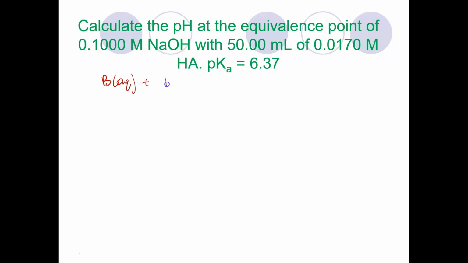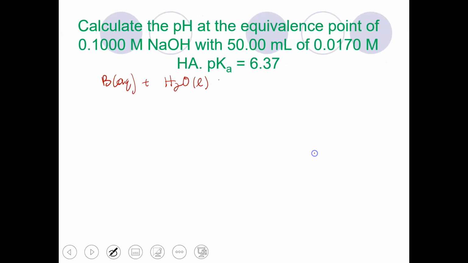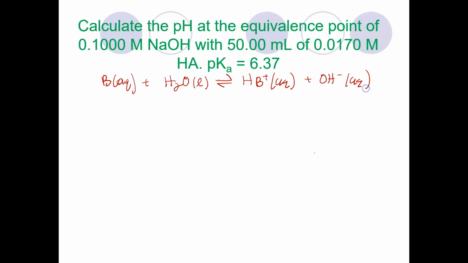If you look back on your summary of solving acid-base calculations, that's where this is coming from. This is also the equation we used in chapter 16. So I'm just writing down information.